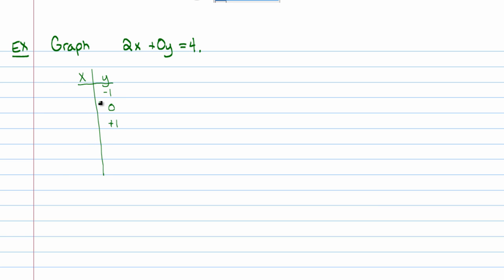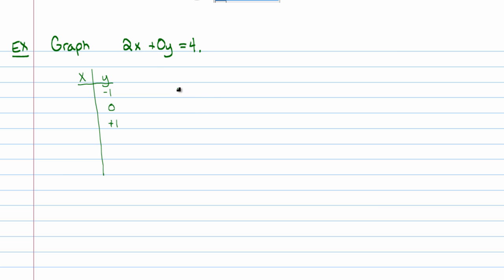You could always do this when you build a table for a linear equation. You could choose values for x or choose values for y, but often it's much easier to choose values for x because we're using the slope-intercept form or something like that. But in this case, it's actually pretty easy to substitute in for y as well.